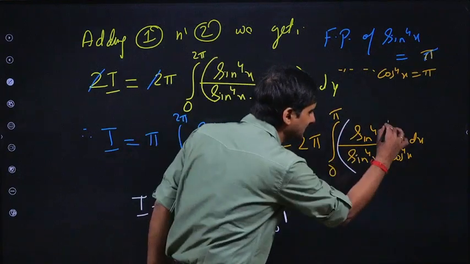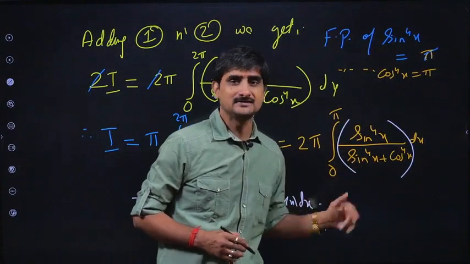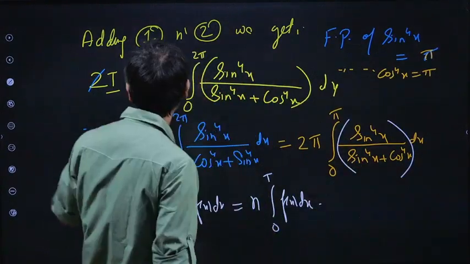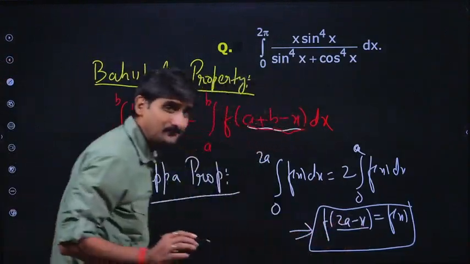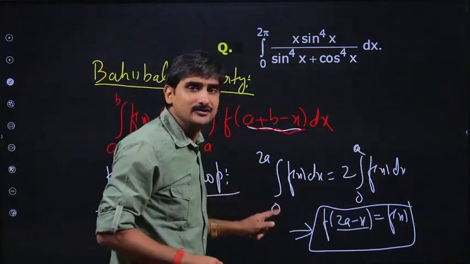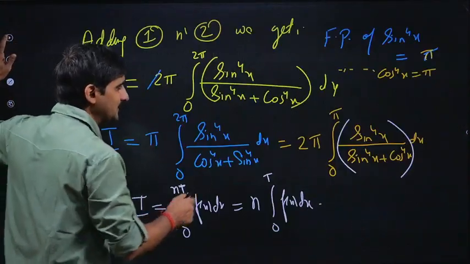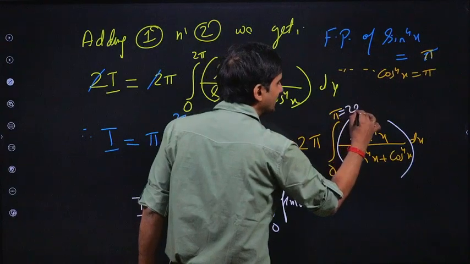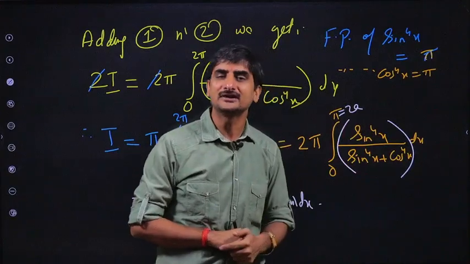Now apply the Katappa property. Replace x in this integrand by pi minus x, that is, replace x by 2a minus x. If we get back the same function, I will write my integral from 0 to 2a as 2 times the integral from 0 to a. Now here for me, this is my 2a. Replace x by pi minus x.